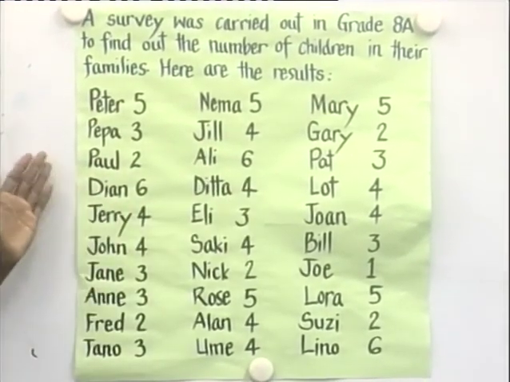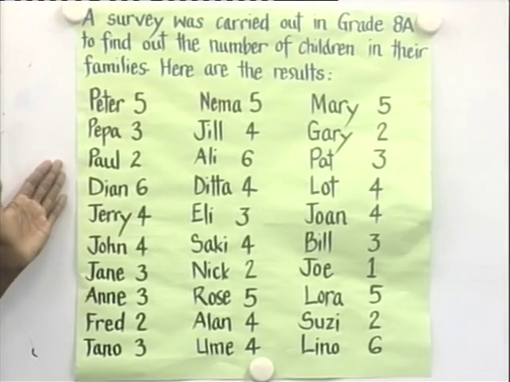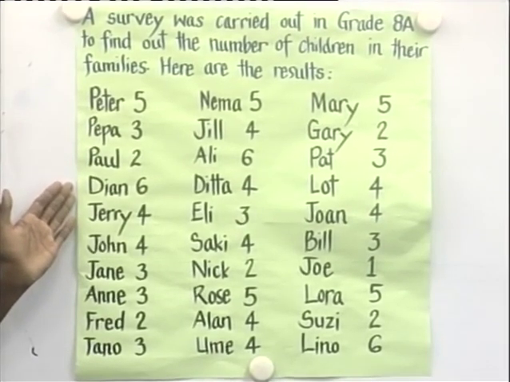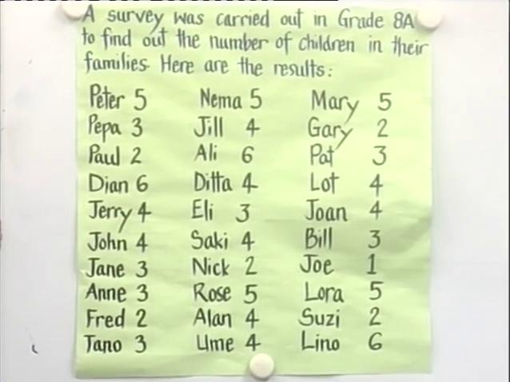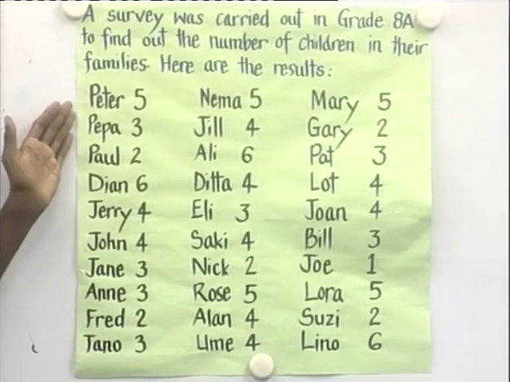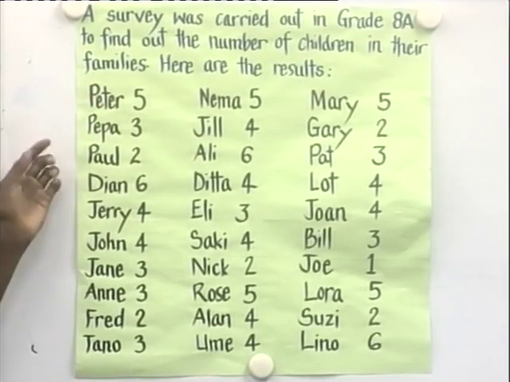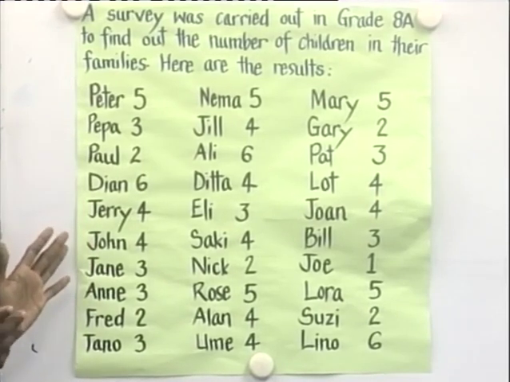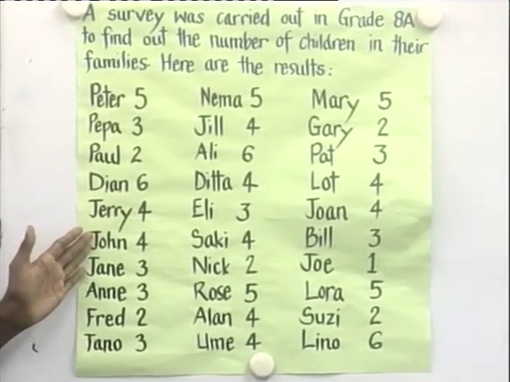Okay? Like you did in your previous lesson, you went ahead collecting data, doing a survey, asking on a topic. So this is the data that I have collected, and we will use this data to organize it in a table.